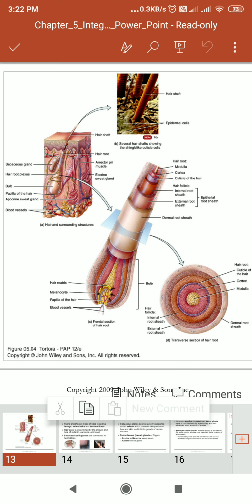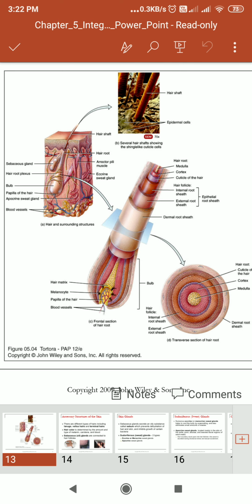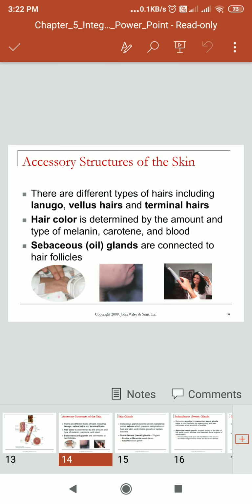So these parts are present in the hair roots in the transverse section. It is very difficult when you observe them for microscopic study purposes.